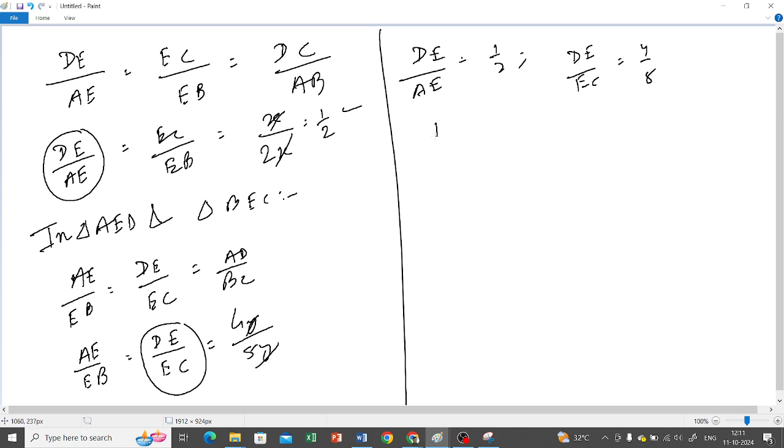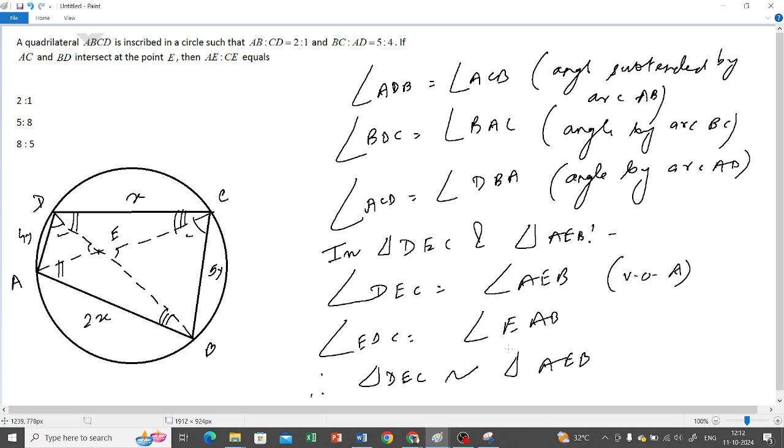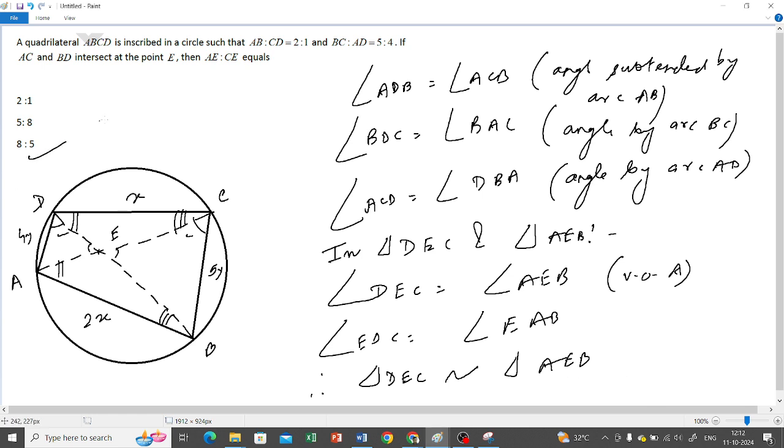If I divide both of them, DE will get cancelled out. AE is to CE is 5 is to 8. বুঝতে পারছো?